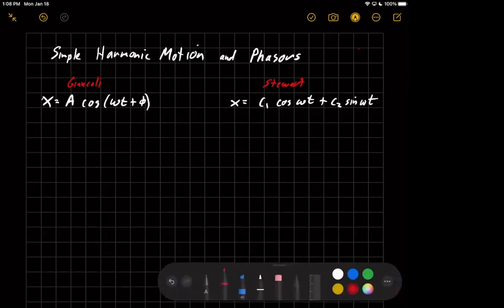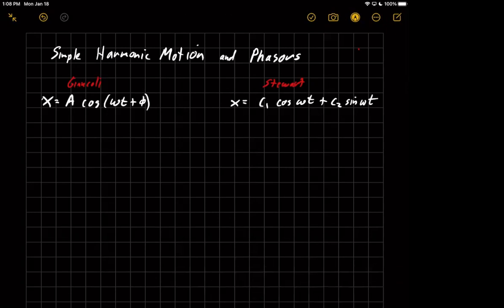So actually, starting with the right-hand equation, we had determined last week that if x was c1 cosine omega t plus c2 sine omega t, then the velocity has to be negative omega c1 sine omega t, because when we take the derivative we get a negative sign, and we chain rule it, and then we'll have an omega c2 cosine omega t. All right, and then we did some substituting.